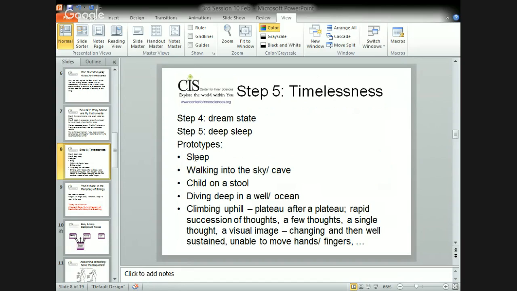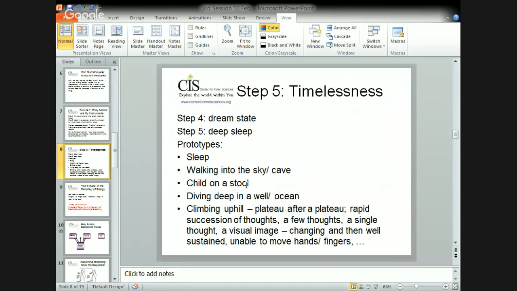Nowhere in philosophy do they define this state. They just say this is the fourth state. So that is our handicap also. We cannot describe this state because it resembles nothingness. When there is nothingness, how can we describe it? That is the challenge here. So we have used these prototypes.